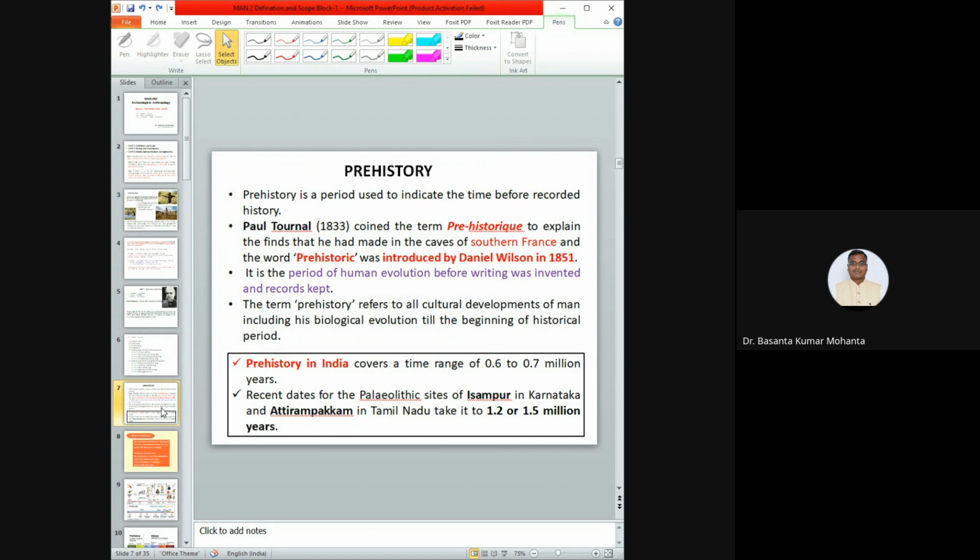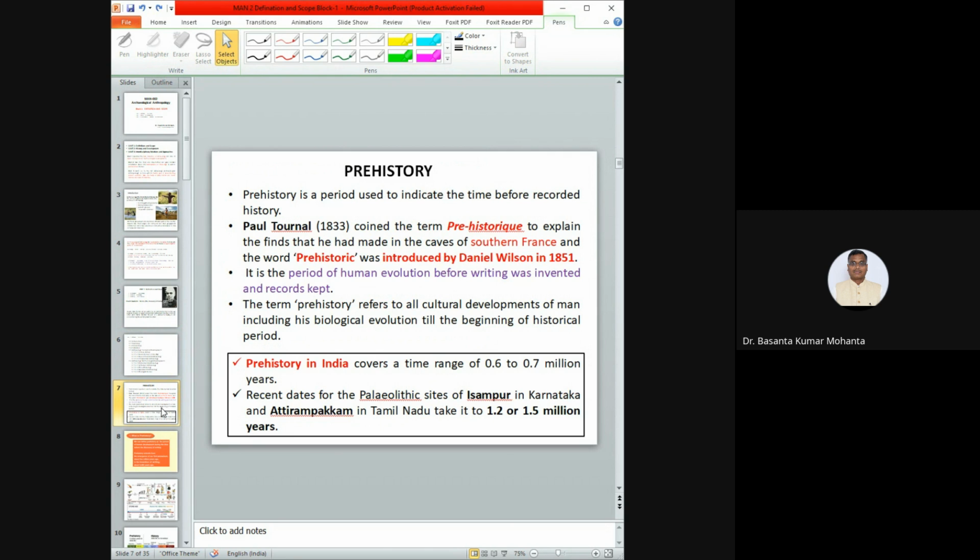So when we are saying prehistory, the term refers to all types of cultural development, all types of cultural evolution of human beings, including his biological evolution till the beginning of the historical period.